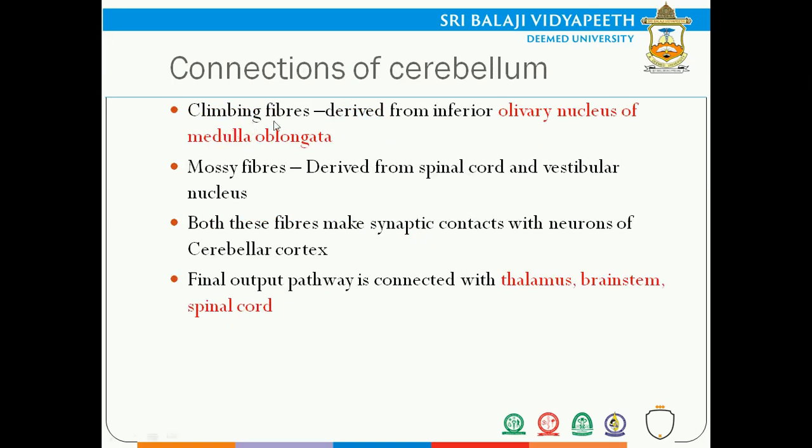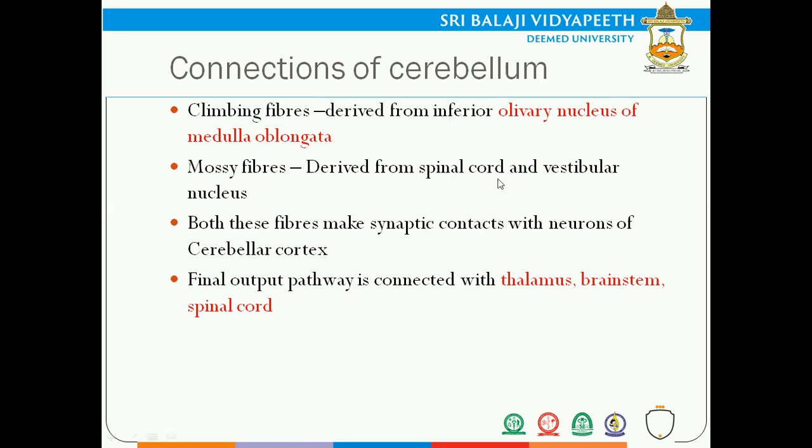Next, coming to the connections of the cerebellum. Climbing fibers are derived from the inferior olivary nucleus of the medulla oblongata, and the mossy fibers are derived from the spinal cord and vestibular nucleus. Both these fibers make synaptic contact with the neurons of the cerebellar cortex, and they help in connecting the tracts.